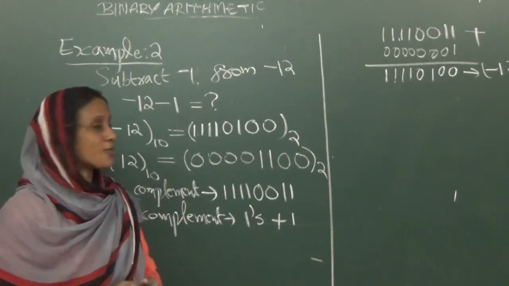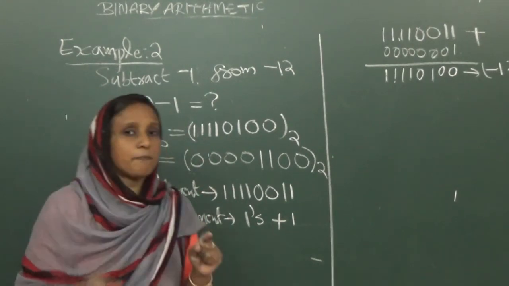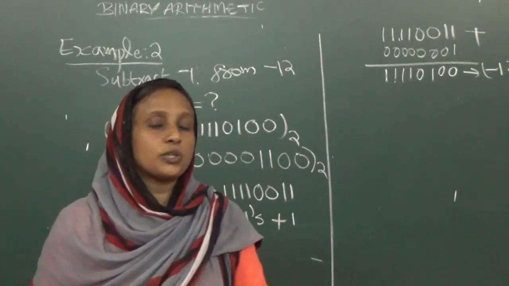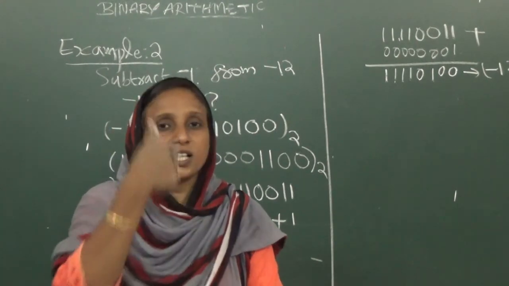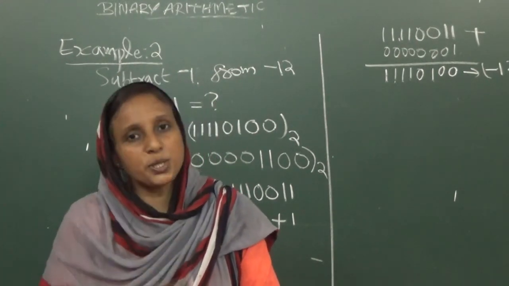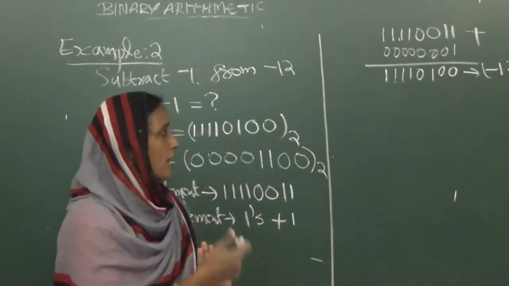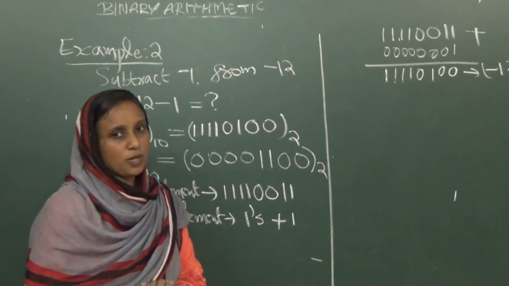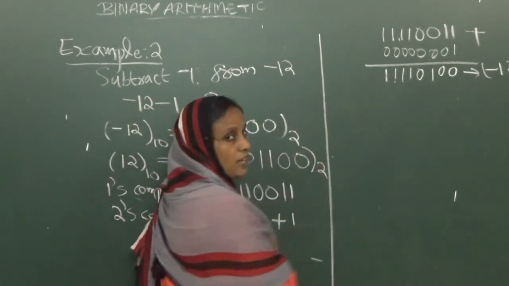Now we have to write 1. But the problem is 1 is the number being subtracted. So what we want to do? We have to perform its 1's complement and take its 2's complement. Then we want to add that to minus 12.